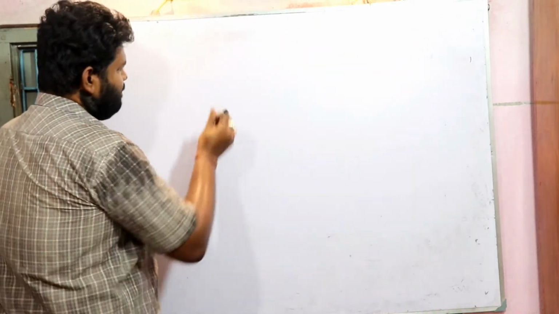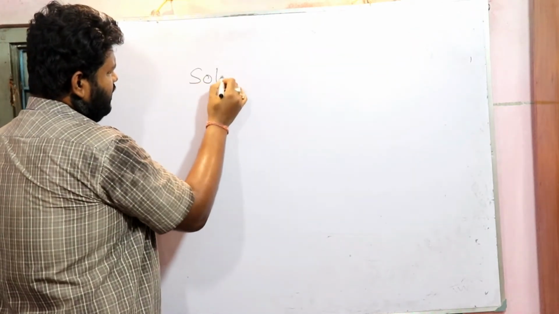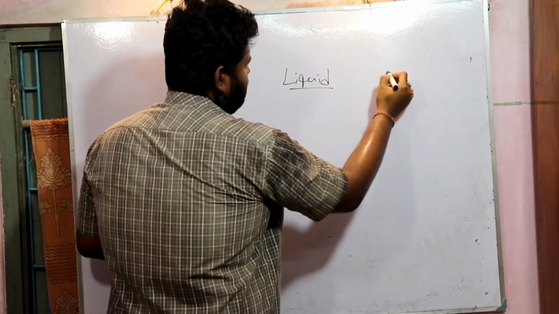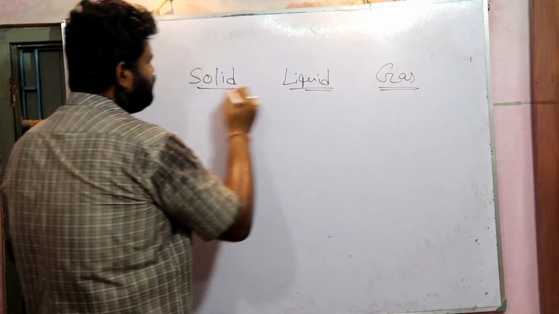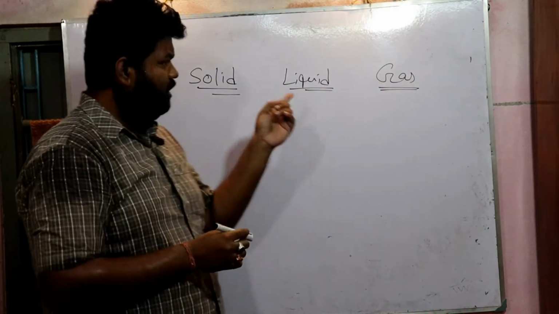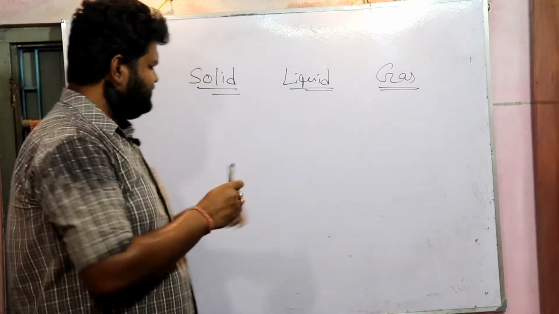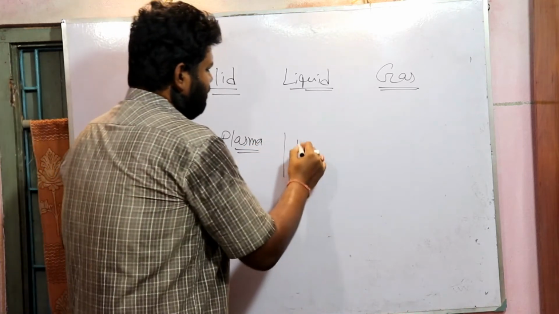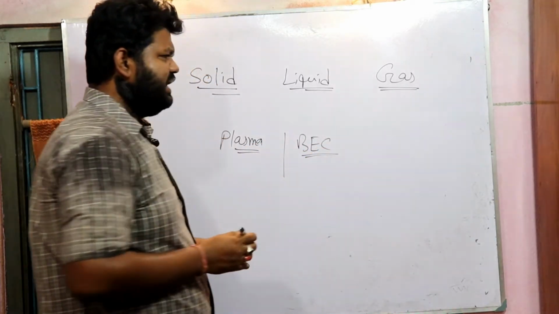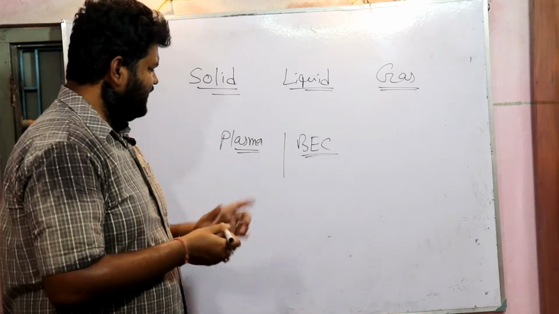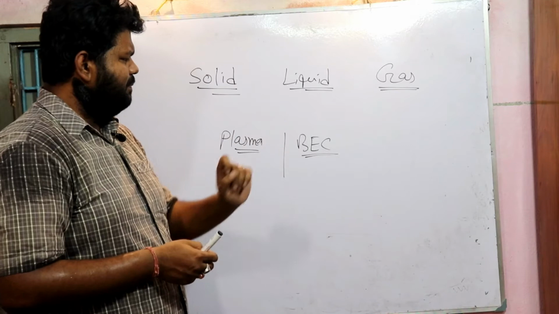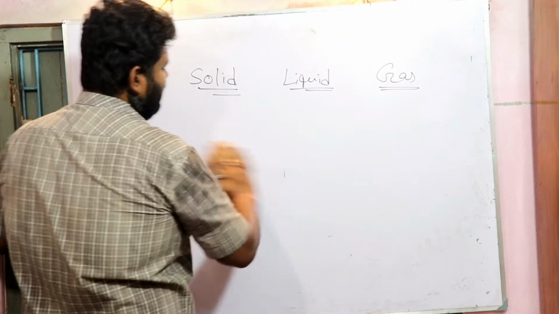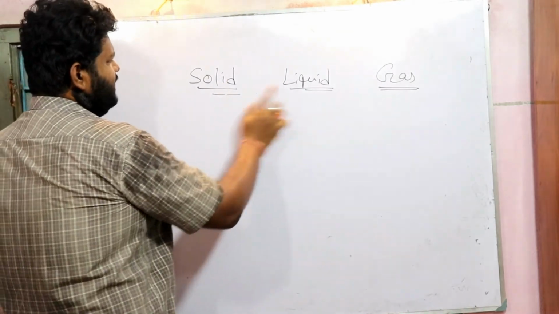Generally there are 3 types of matter: solid, liquid, and gas. Otherwise, plasma is also a type of matter, and BEC, Bose-Einstein condensate, is also a type of matter, and we will discuss plasma and BEC later on. So right now the 3 major types of matter are solid, liquid, and gas.